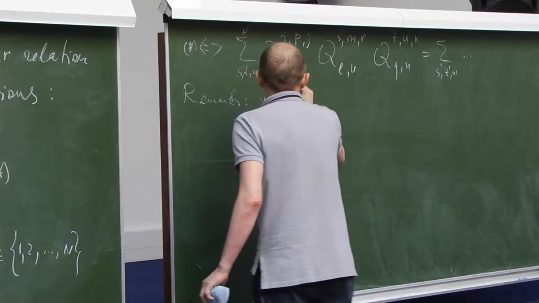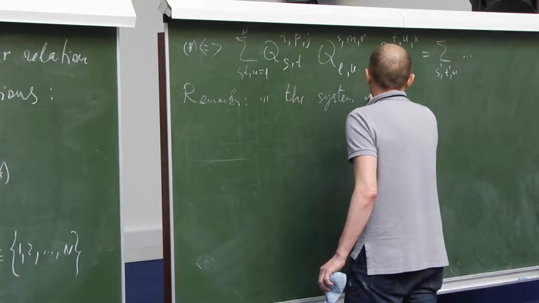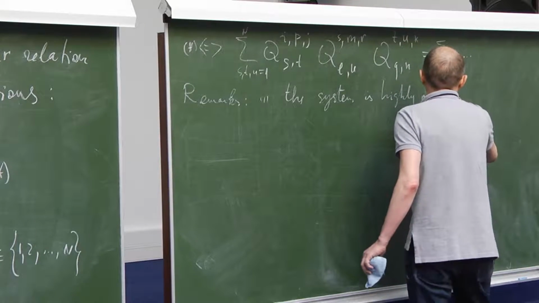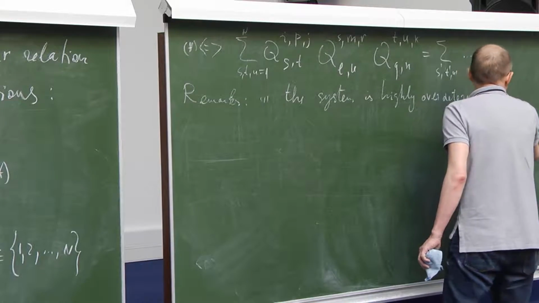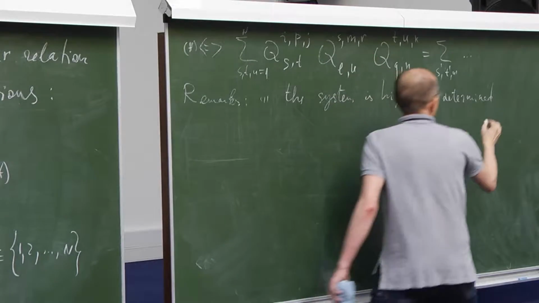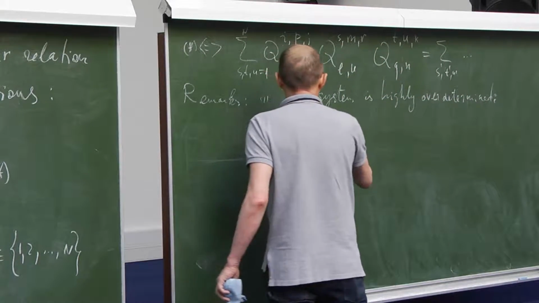So the system is highly overdetermined. Right? If we count the number of unknowns, so we have n power 5 unknowns.